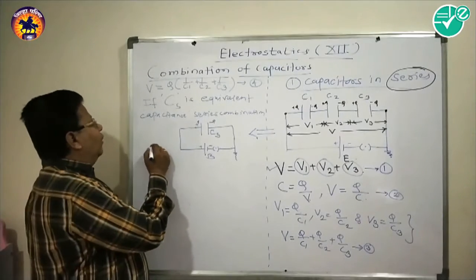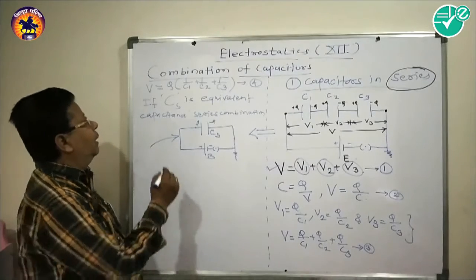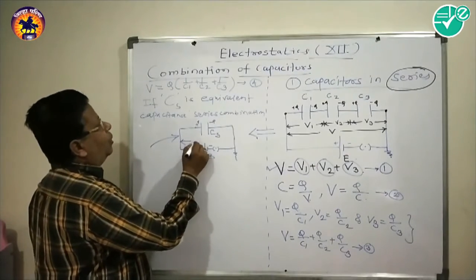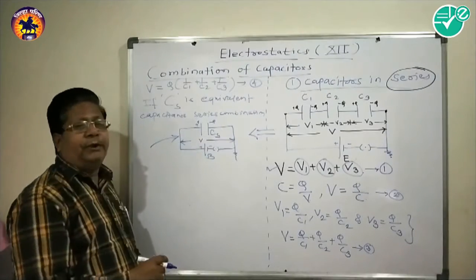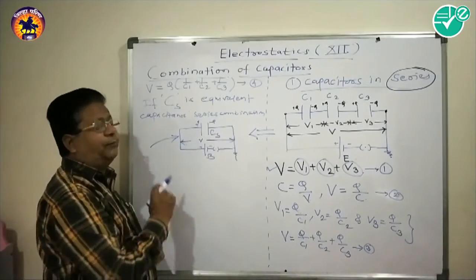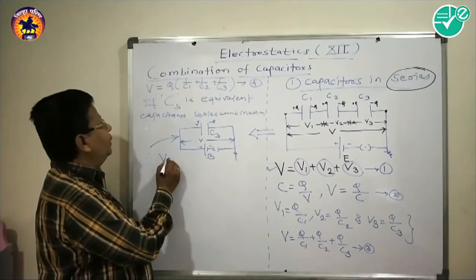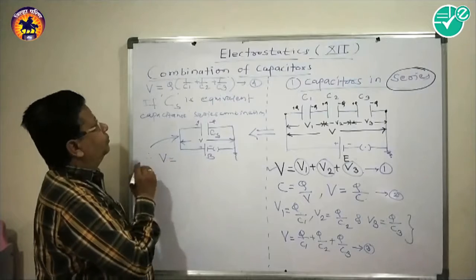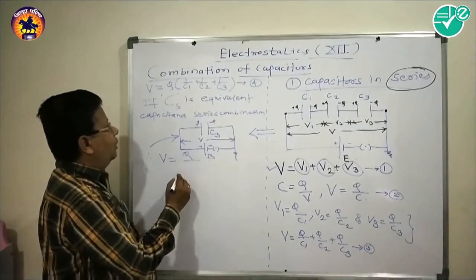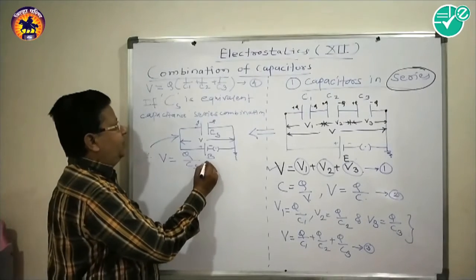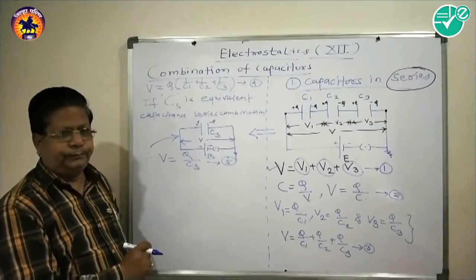Now, in this case, again we write the expression. Across this equivalent capacitance of the series combination, again the potential difference is V, and therefore V is equal to Q divided by Cs. Say this is equation number 5.